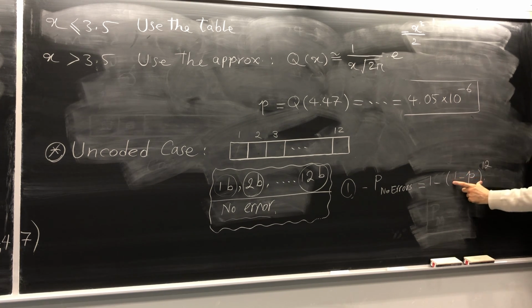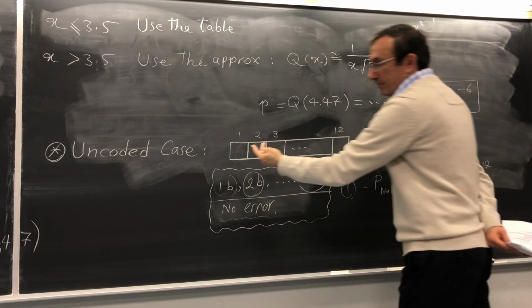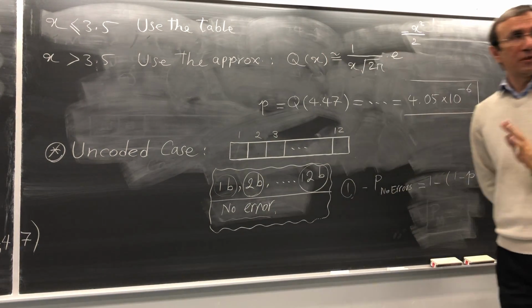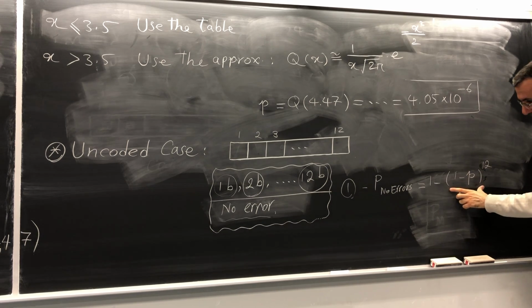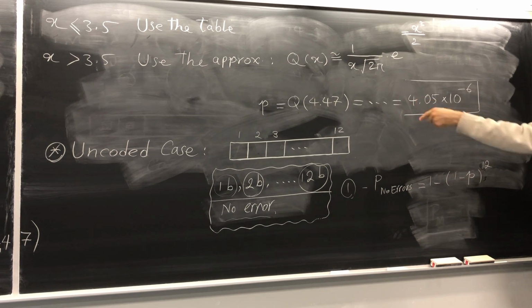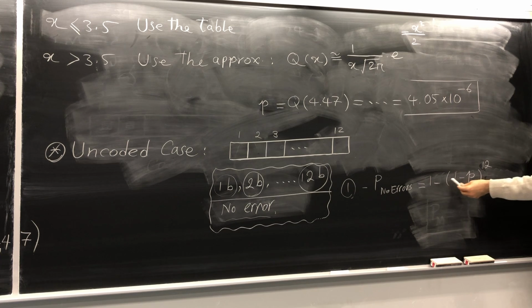So 1 minus p is the probability of receiving a bit correctly with no error. And if you take it to the power of 12, then this term would be the probability of no error in any of the 12 bits, and 1 minus that much would be the probability of any number of bit errors in the received 12-bit word.